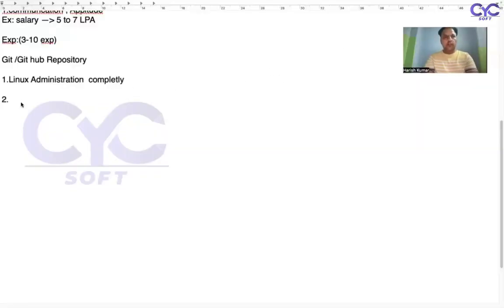Next, we are focusing on bash scripting, that is a programming language. So this is very, very important because we are working on the tools in DevOps actually.